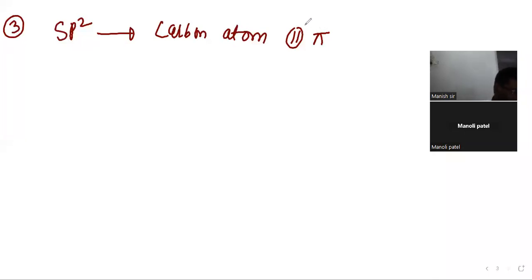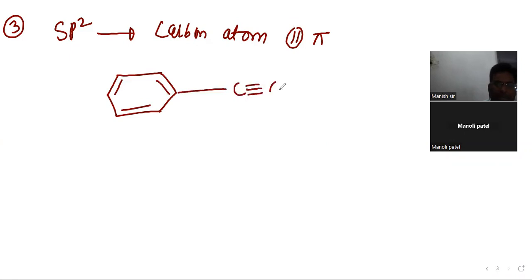The compound is given, and its structure is like this: benzene with alternate pi bonds, with a C triple bond C, and a carbon attached with C double bond O and CH3. Like this. It was asked in 2020.